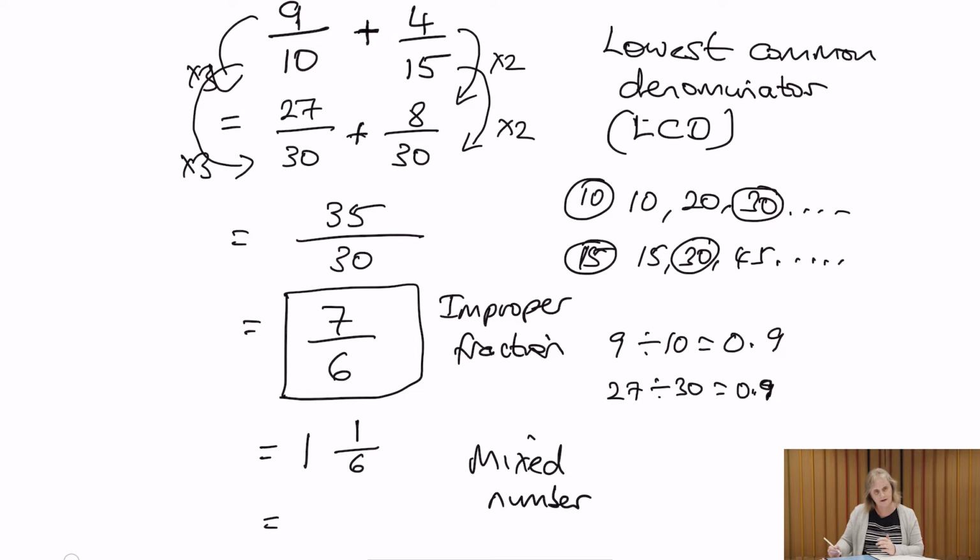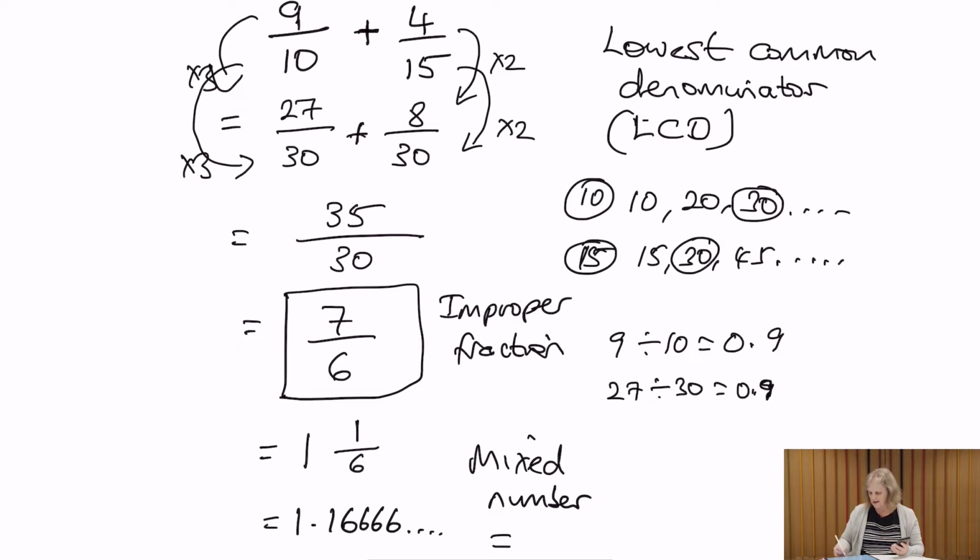Again, we can check what this is using a calculator. I just have a scientific calculator here. 1 divided by 6 is going to give us 0.1666 recurring. We've got 1 whole, so 1.1666.